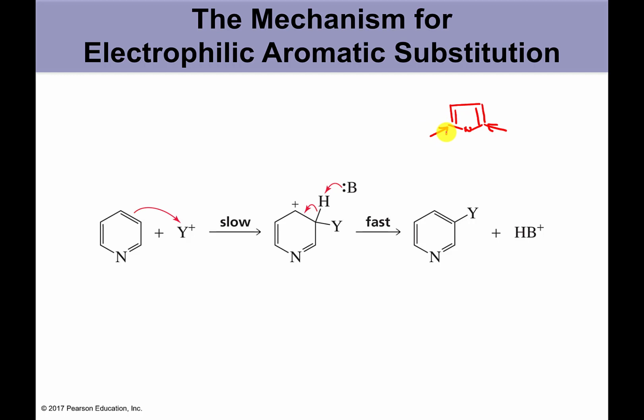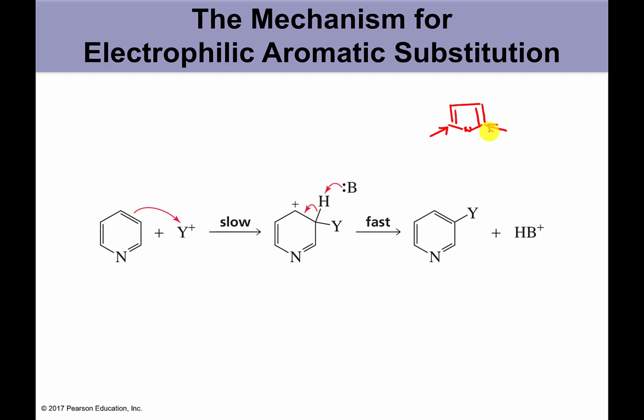For pyridine, there's a definite preference for having addition in the 3 position. So really it's meta. If you think about the preference, it's meta to the position of the nitrogen. And then for pyrrole, it's ortho in position to the nitrogen.